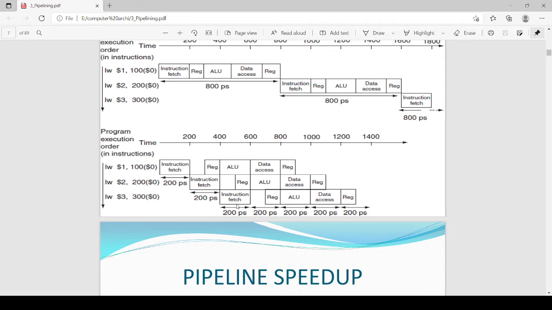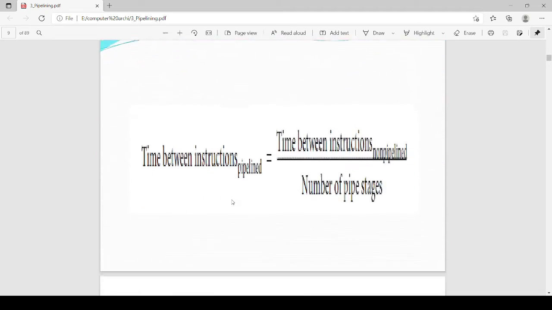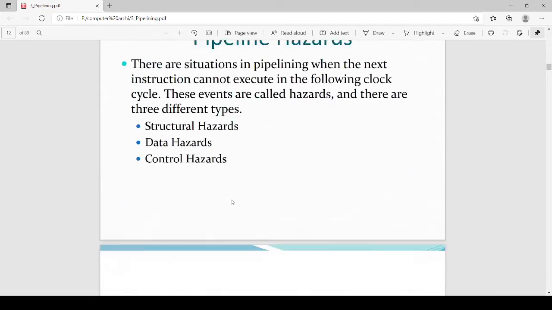This is called pipelining. This pipelining speeds up the entire process. Pipelining improves performance by increasing instruction throughput as opposed to decreasing the execution time of an individual instruction. But instruction throughput is the important metric because real programs execute billions of instructions.